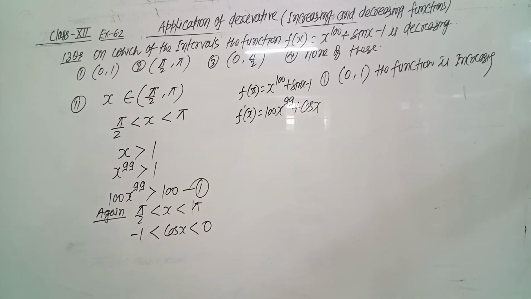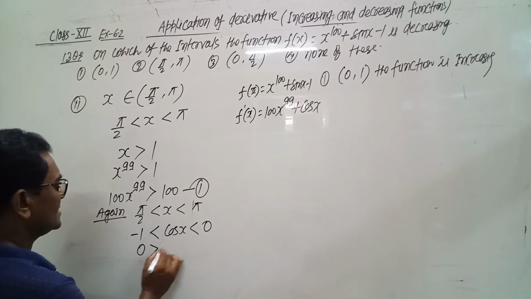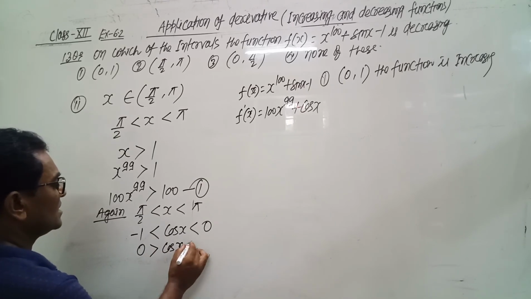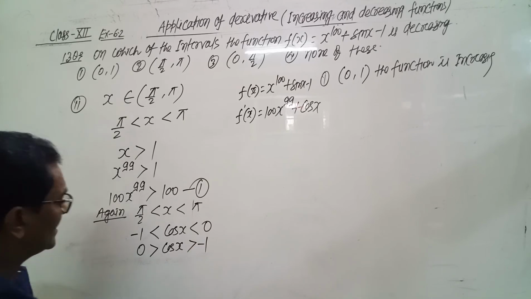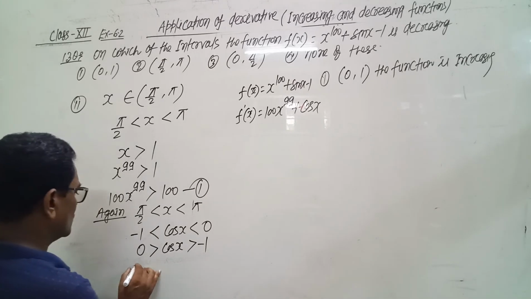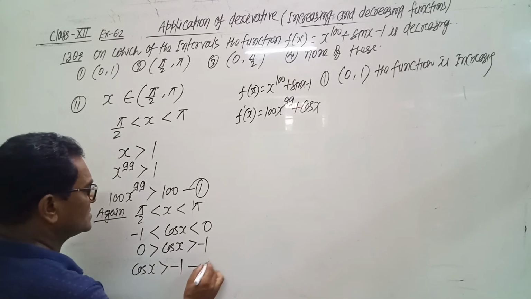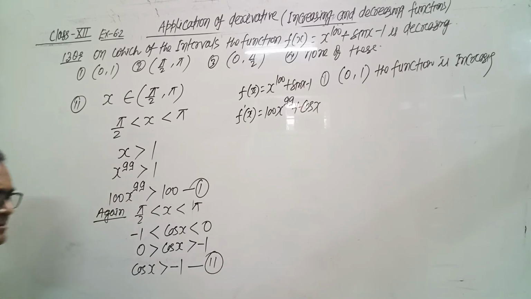So it means minus 1 is less than cos x is less than 0, or we can say that 0 is greater than cos x and cos x is greater than minus 1. So from this we conclude that cos x is greater than minus 1. This is second equation.